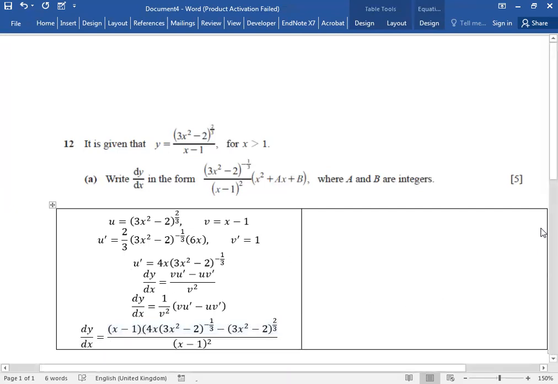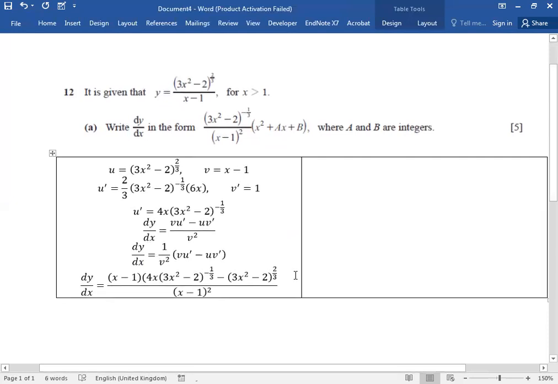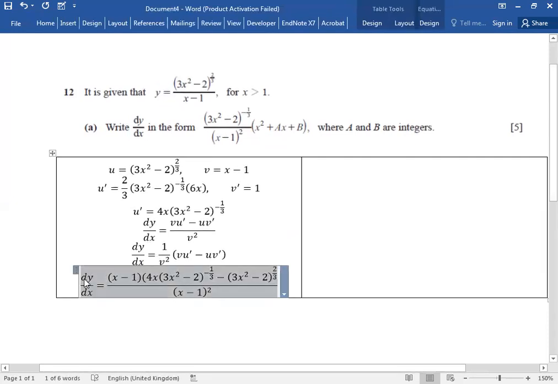Is that right? Now be very careful that this is the step where you have completed your differentiation. You are not differentiating anymore. You are just simplifying. Now you need to look at what you need to simplify.